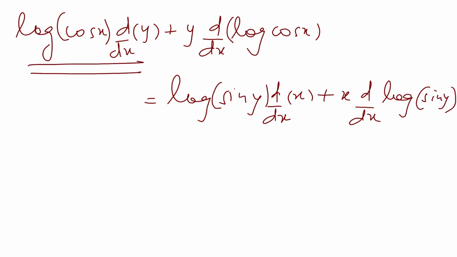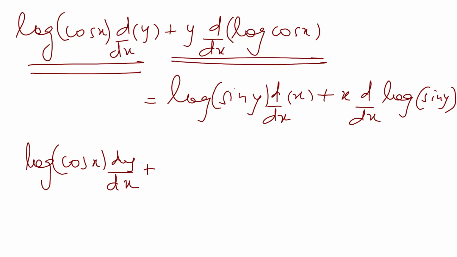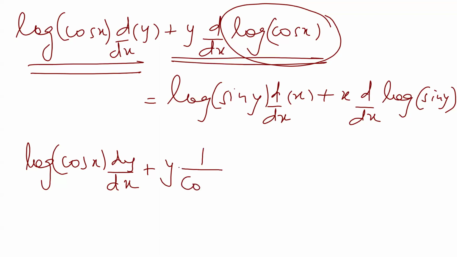Look at this term: log cos x into dy by dx plus, look at this term, y into, I need your help over here. What is the derivative of log cos x? Is it 1 upon cos x?